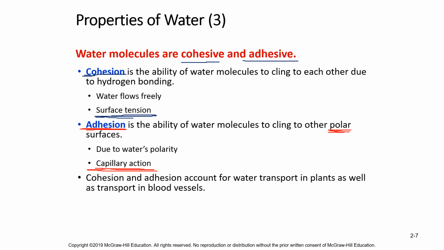That is because the tissues in the tree basically make a bunch of very small tubes. They are the width of a cell. So they are very small, and water can travel up the tree against gravity due to this capillary action, which is due to the cohesion and adhesion properties of water.